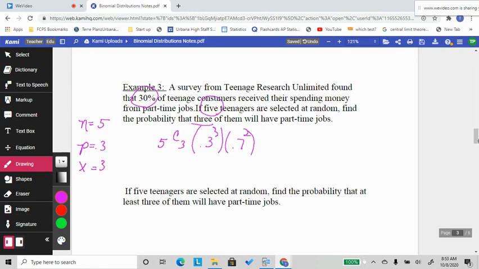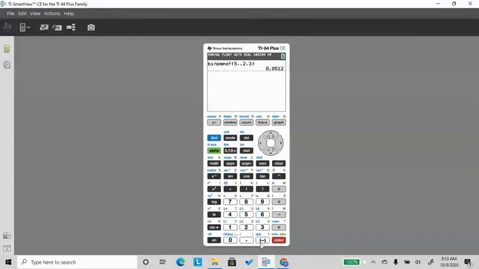Okay, then we're going to go to the calculator and we're going to put it in as n, p, and x again. So we hit clear, second, vars, Binom Pdf, and we have 5 teenagers, and the probability of them having a part-time job is 0.3, and we wanted 3.